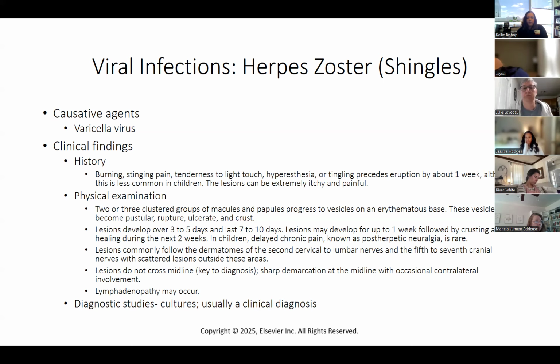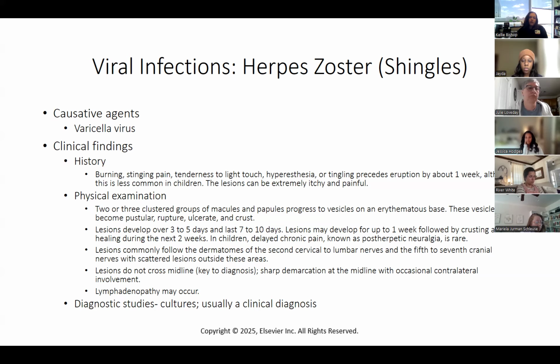They are very uncomfortable. They burn, they sting, even clothing touching them or air, like wind blowing, will usually hurt really bad. And they usually have a tingling that precedes the eruption. Again, we don't see this very often at all in kids. Like maybe once every few years, if that.